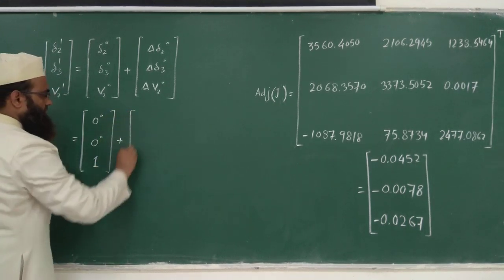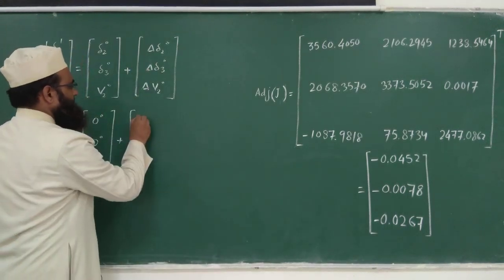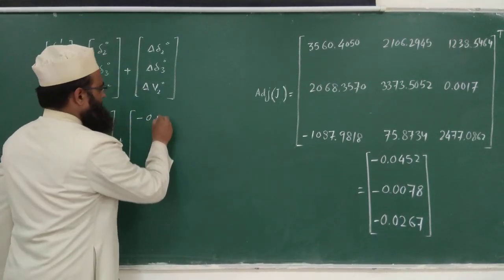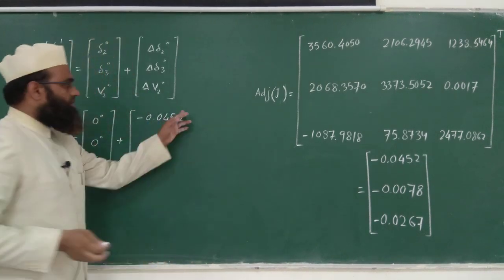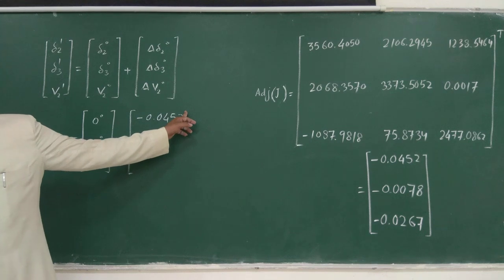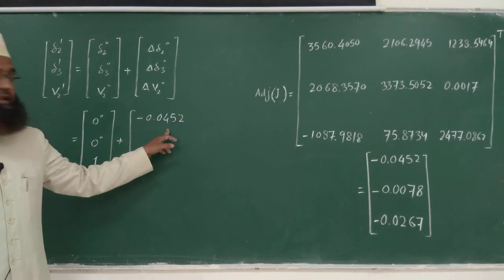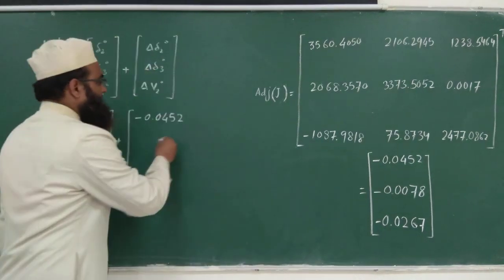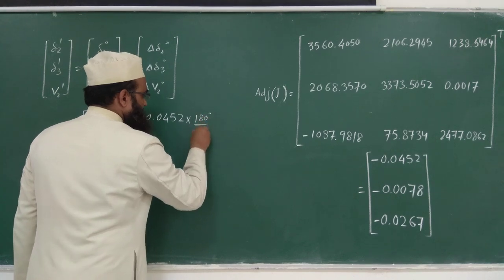Plus you have obtained the value of del delta 20 as how much? Minus 0.0452 what? Degree or radian? Radian. You need to convert it into degree. So you know pi radian is 180 degree. So this is in radian. That's why write here 180 degree upon pi.